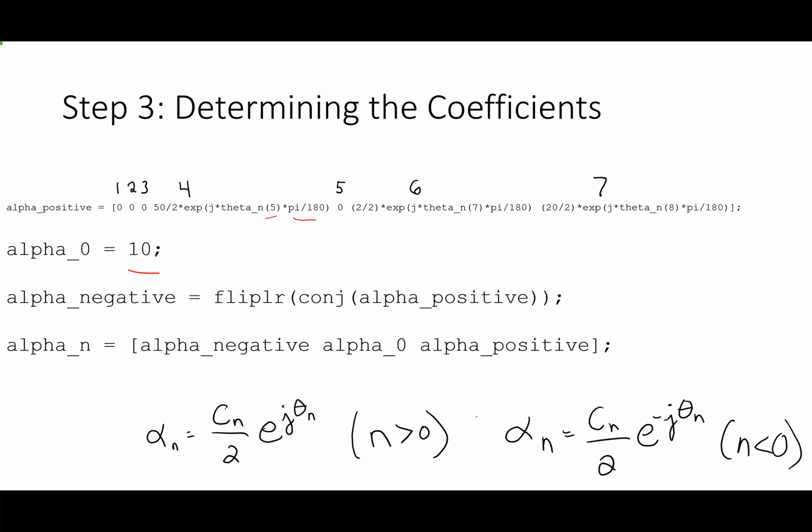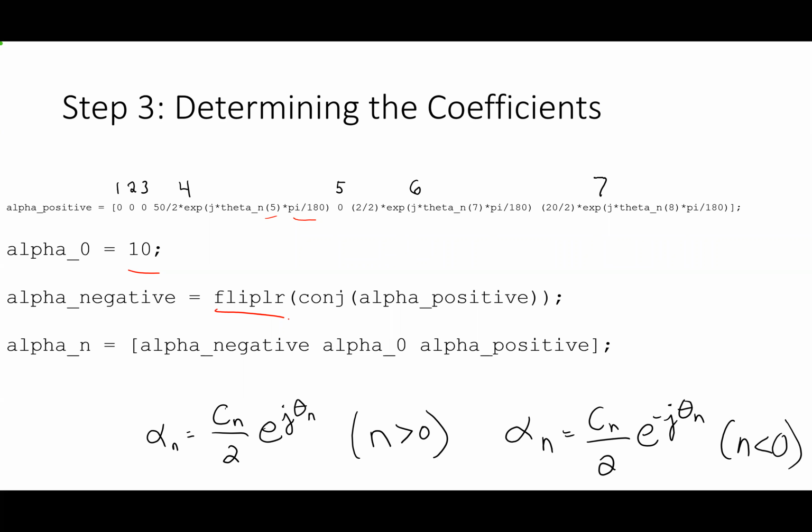To make alpha negative, I could have gone in and written each one individually, but that would have been like 15 things to enter by hand, and I didn't want to do that. So I did this here. I used a command I've never talked about, flip LR. What do you think that does? It flips the vector left to right.